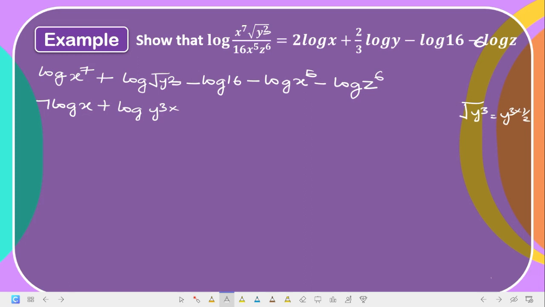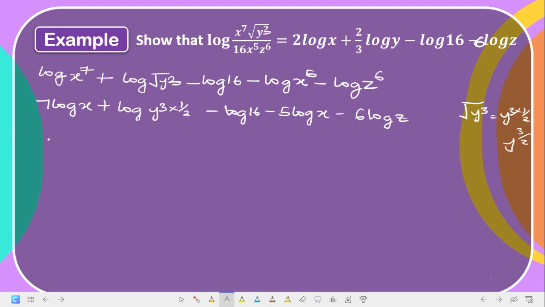So this becomes 3 times 1, which is 3 over 2. Y to the power of 3 over 2. So we have log y to the power of 3 over 2, minus our normal log 16. This 5 will come back, and this gives us minus 5 log x minus 6 log z.